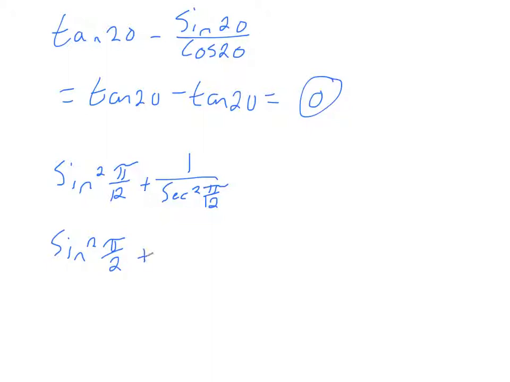So if secant is equal to 1 over cosine, then cosine is equal to 1 over secant, right? If they're reciprocals of each other. So we get cosine squared of pi over 12. Right? And so we have sine squared plus cosine squared, which we know equals 1. Pythagorean identity.